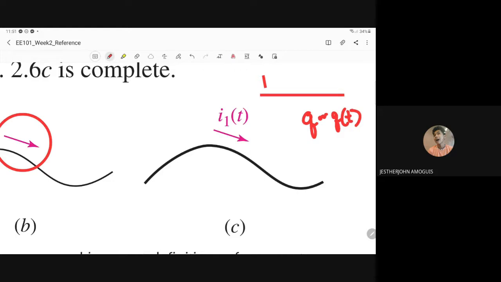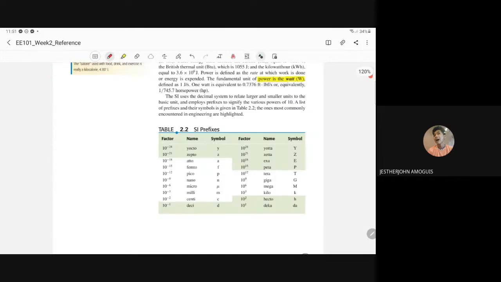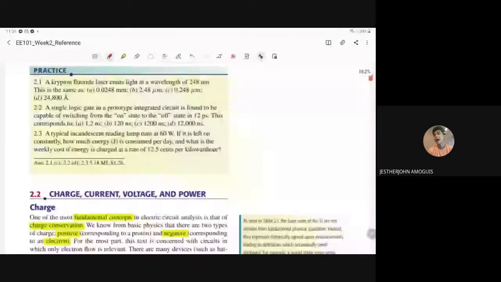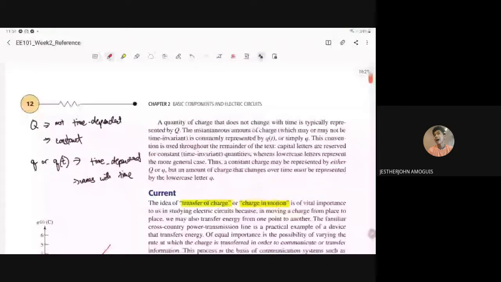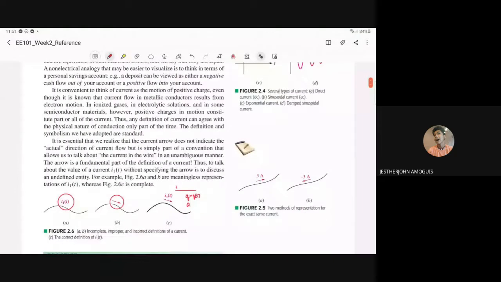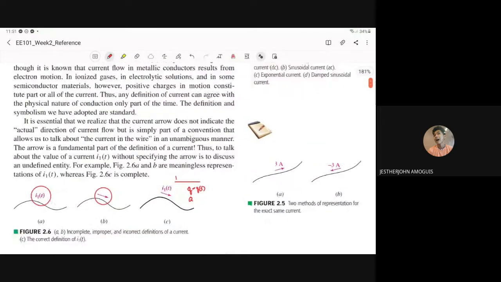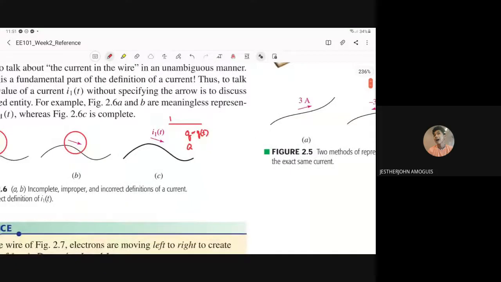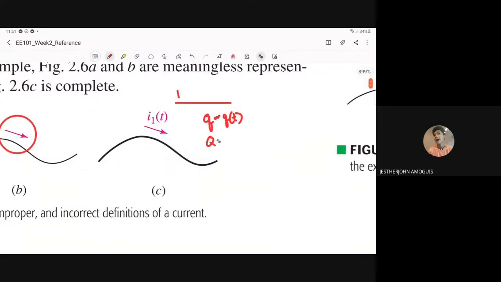Kung dili siya time dependent, dapat big letter Q. So same sa current, kung dili siya dependent sa time, dapat big letter siya.